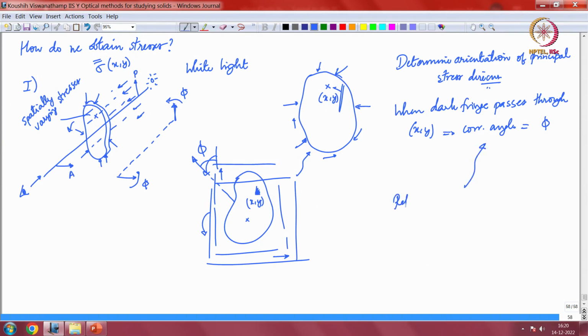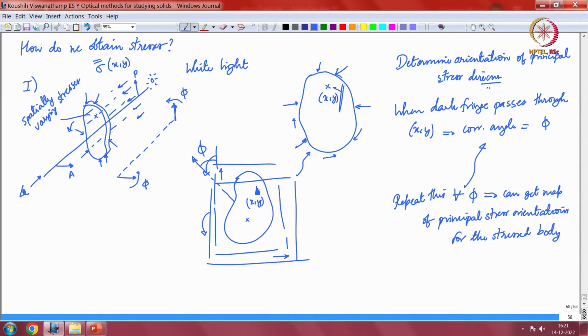So, if you repeat this for all phi, you can get the entire principal stress orientations for the object, for the stressed body.